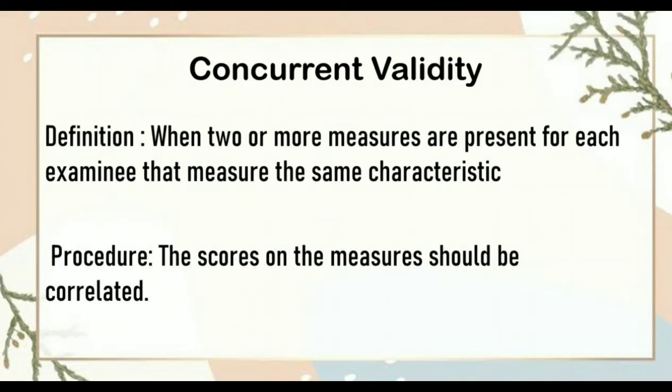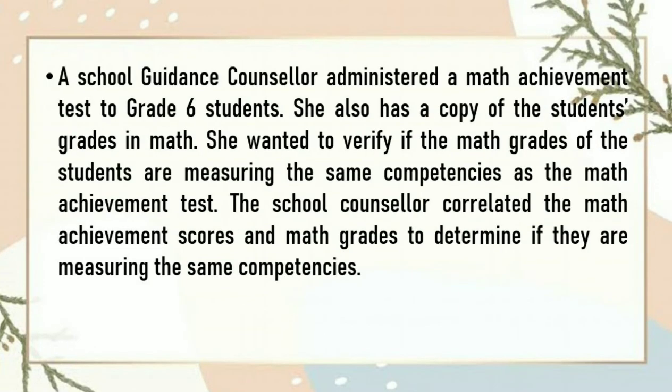Now we move on to concurrent validity. Concurrent validity is when two or more measures are present for each examinee that measure the same characteristic. The procedure is that the scores on the measures should be correlated. The example situation of concurrent validity: a school guidance counselor administered a math achievement test to grade 8 students.